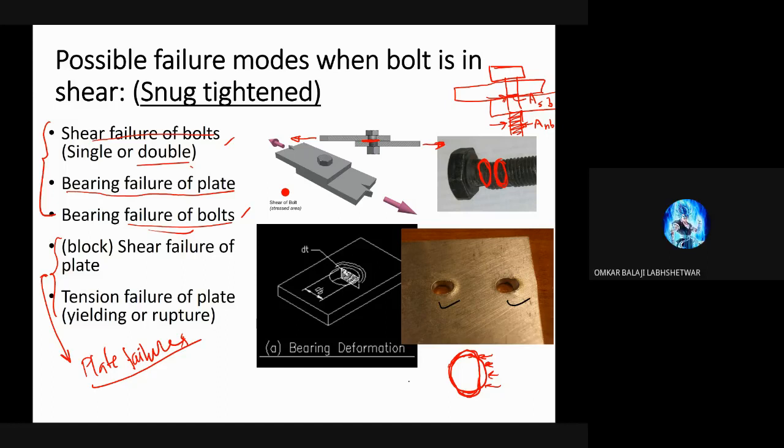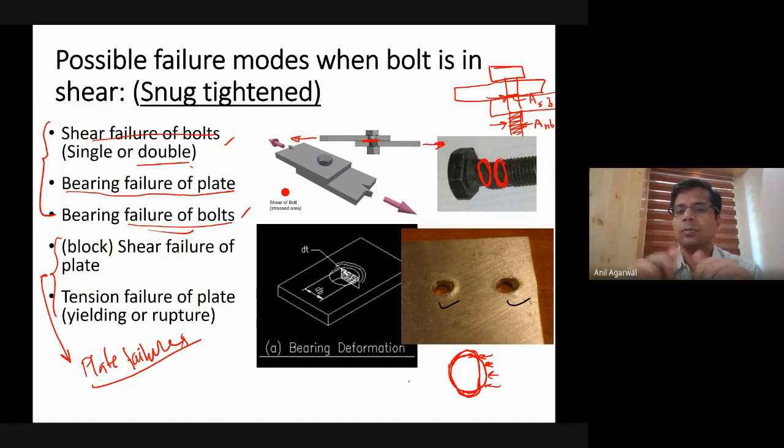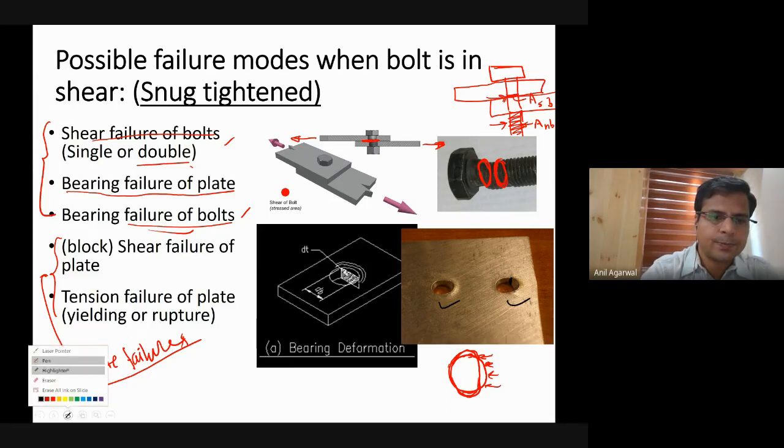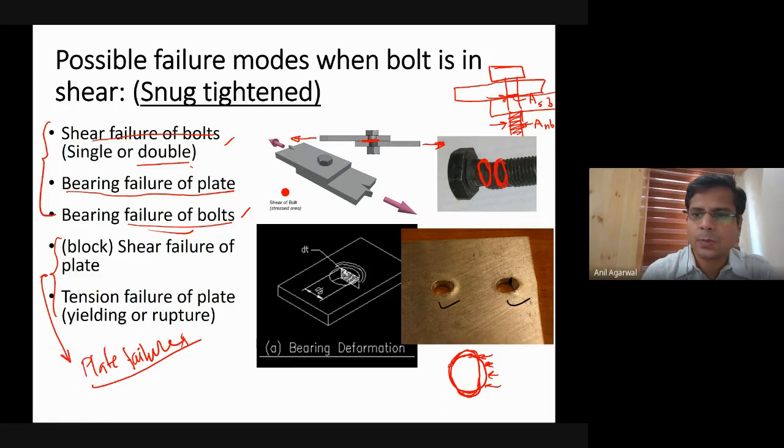Thickness of the plate. Very good. Because basically you are looking at the bearing area. If I can mark that bearing area here, maybe I should use a different color. This is that bearing area.